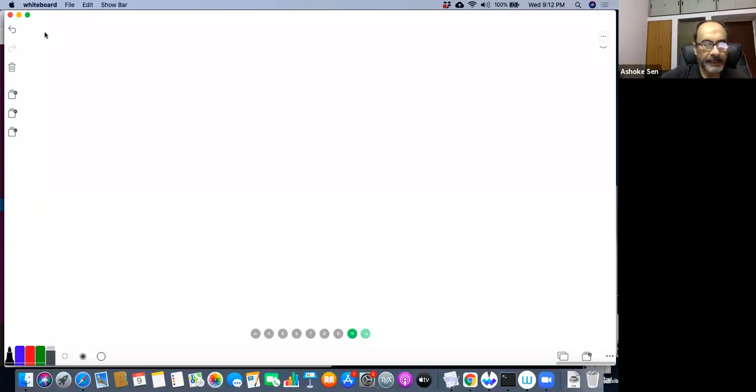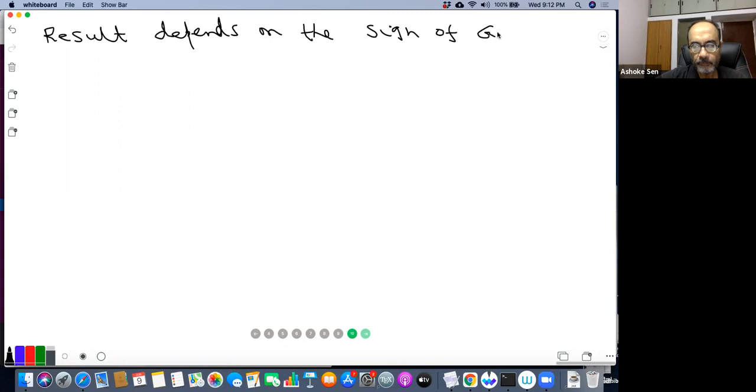It turns out that the result depends on the sign of G45. Okay, so the spectrum changes as the sign changes. Okay. And this has to do with the walls of marginal stability, that we discussed briefly earlier.